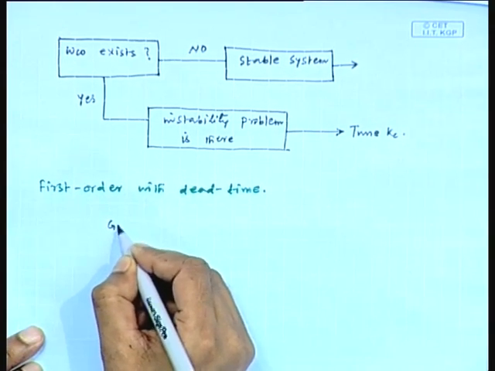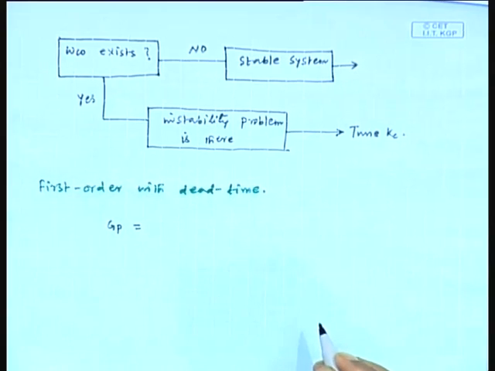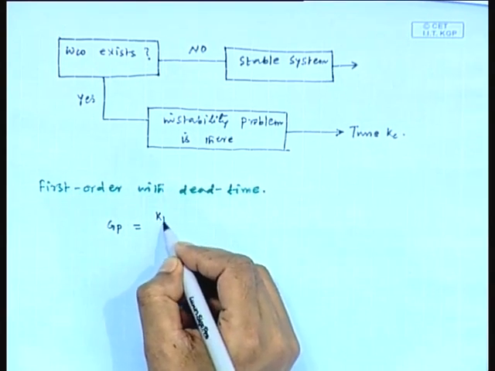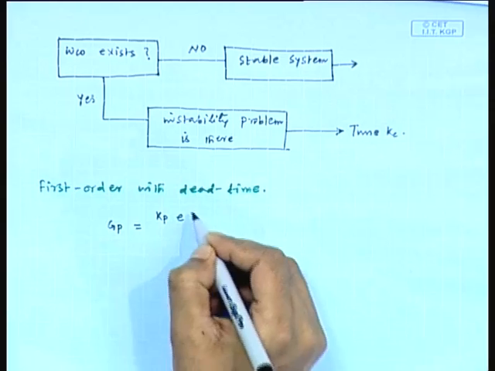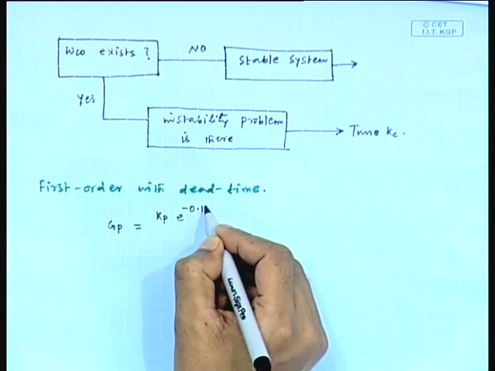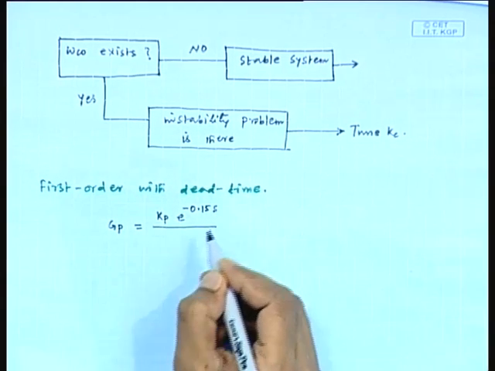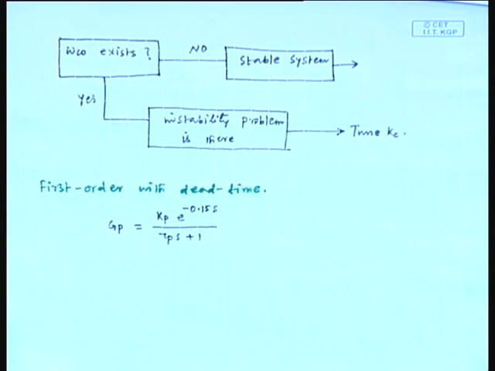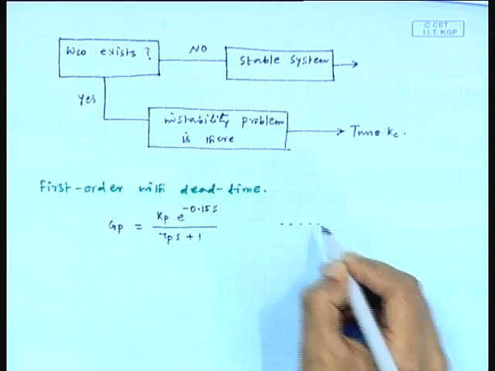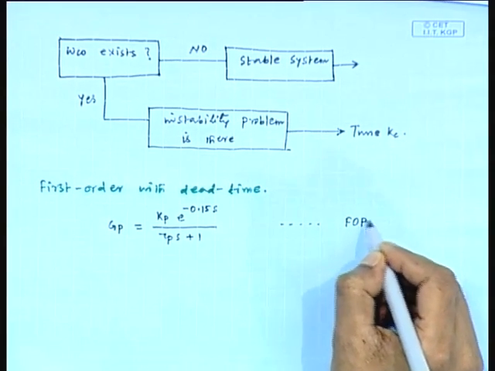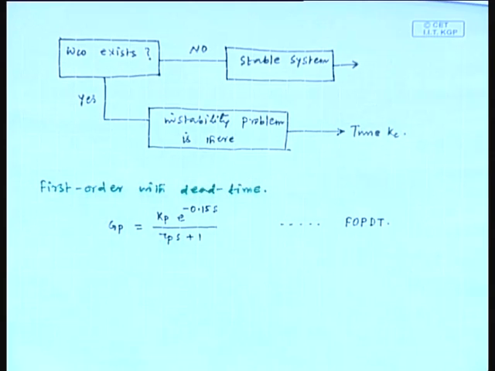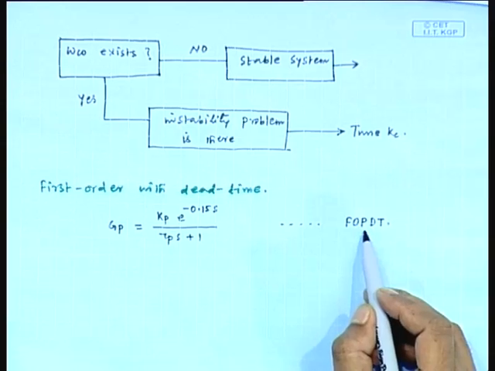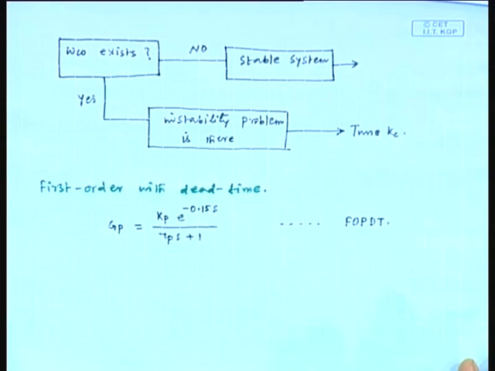The transfer function of a first order plus dead time system we can write as Kp exponential minus, say, 0.15 s divided by tau Ps plus 1. Here dead time is 0.15. So, this is the transfer function of a first order plus dead time system.